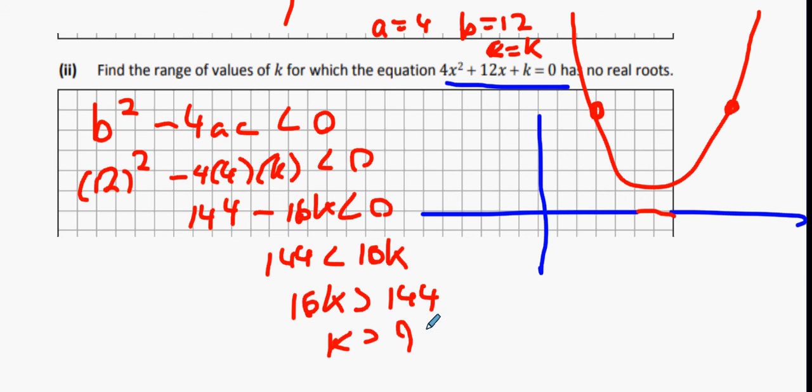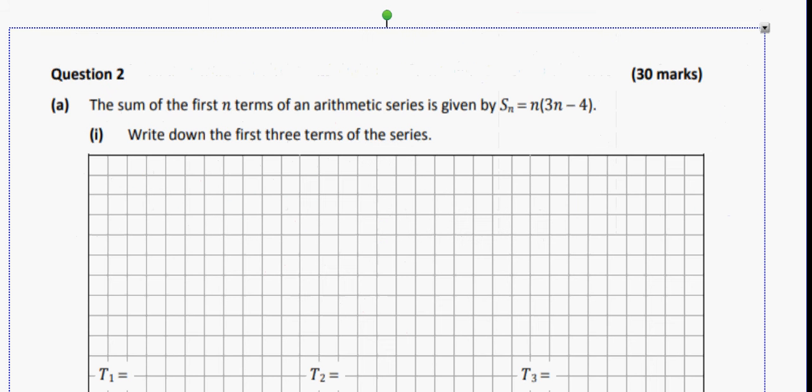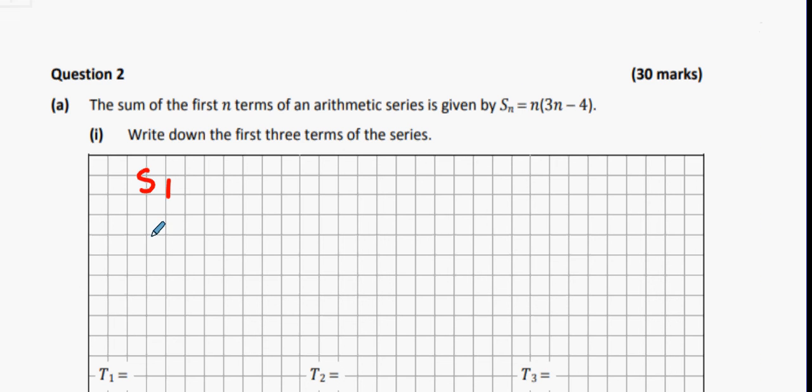Okay, let's keep going. The sum of an arithmetic series is given by the following. What we'll simply do here is write down what S1, S2 and S3 are, just by subbing in the numbers.